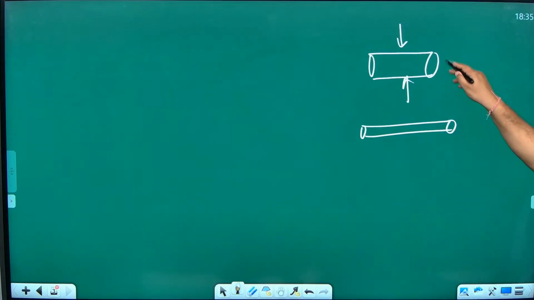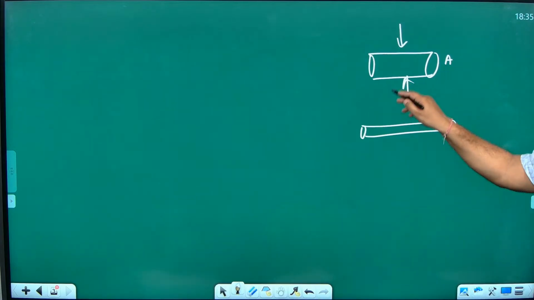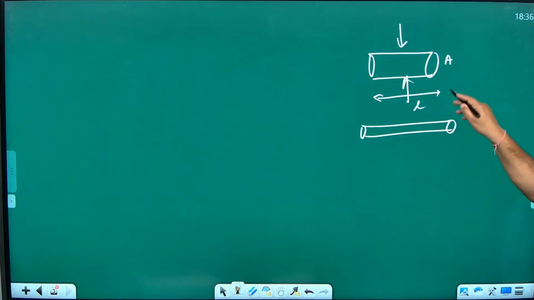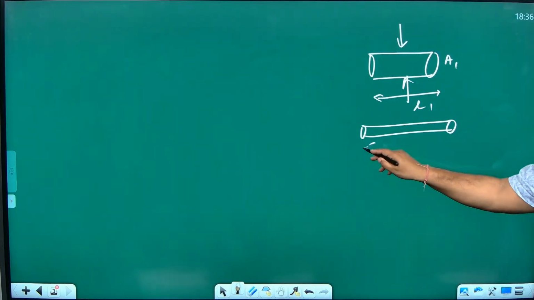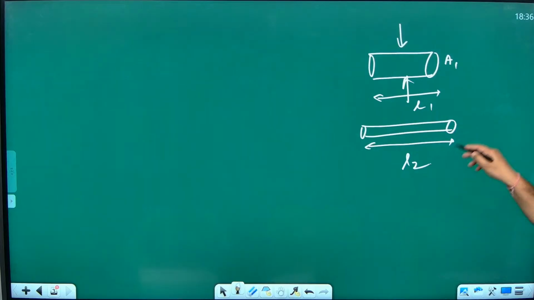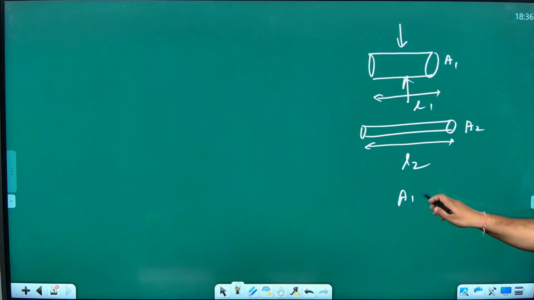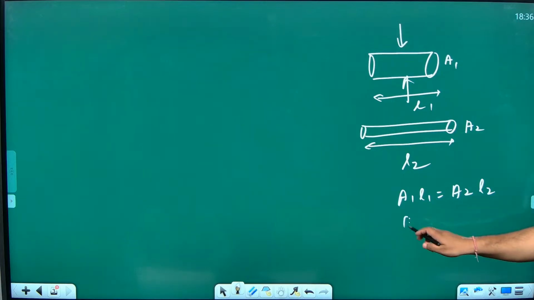So in this case, let the area be A1 and the length be L1. Here it will become length L2 and area A2. If the volume remains the same, can I write A1 L1 is equal to A2 L2? What is the area 1? They are talking about radius, right?